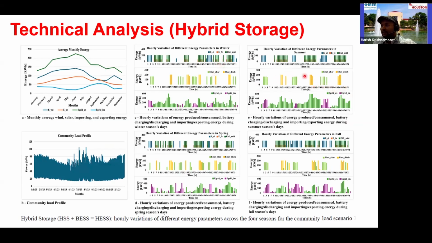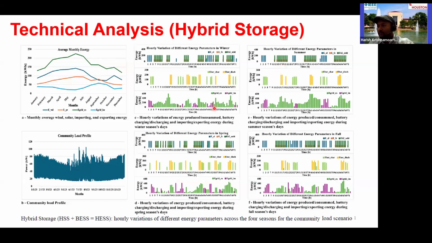The orange is the discharge, and the green is the charge. So you can see how many times the battery systems can charge and discharge. And the discharge times are typically in the evening, like 19-20 hours. 19 hours is 7 p.m., so this is during the evening time. We used real world ERCOT price variations and the load variations for the same.